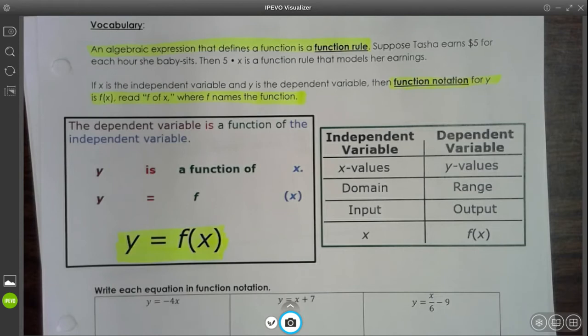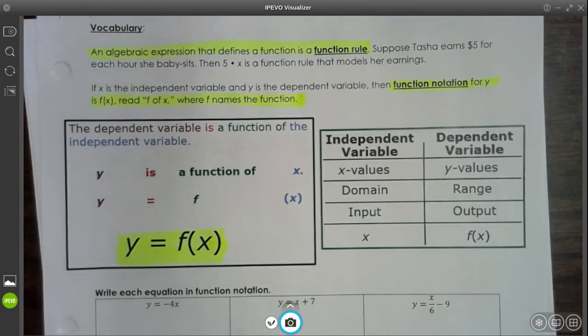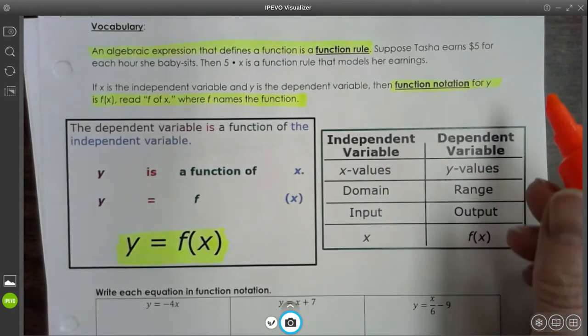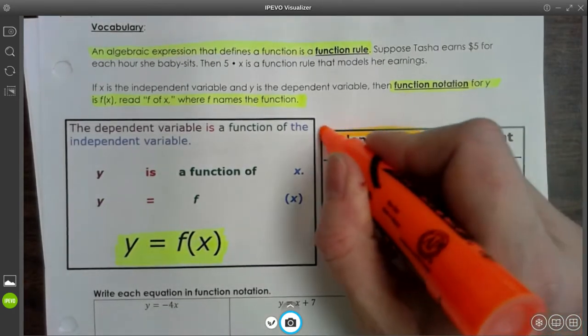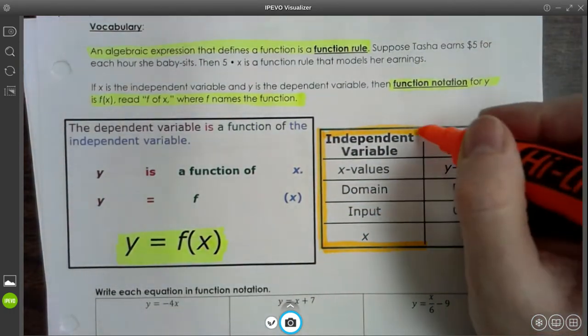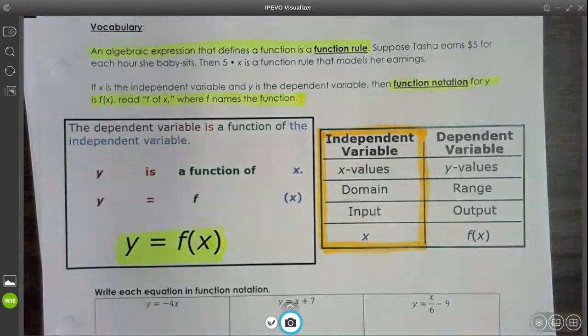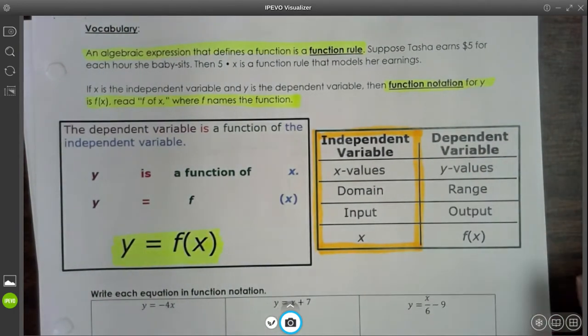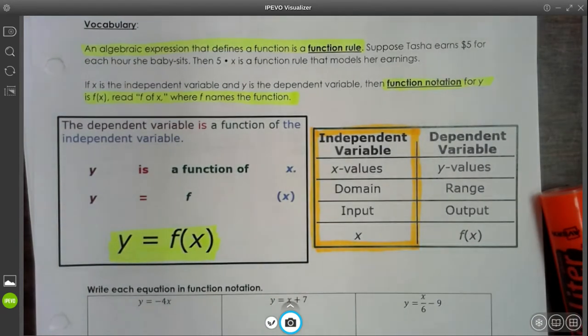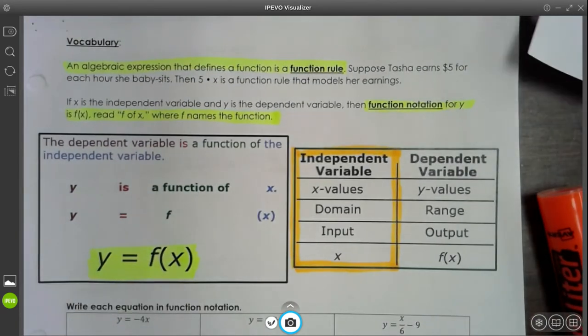So this little chart over here, remember how I said there's so many different letters and words we can say for x and y variables, right? So we've got independent variable. These are all the different words and letters we can use for the independent variable. The independent variable could be called the x values, the domain, the input, or just x if we're talking function notation, okay?